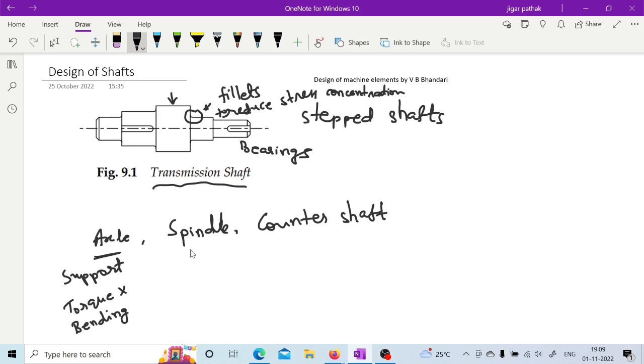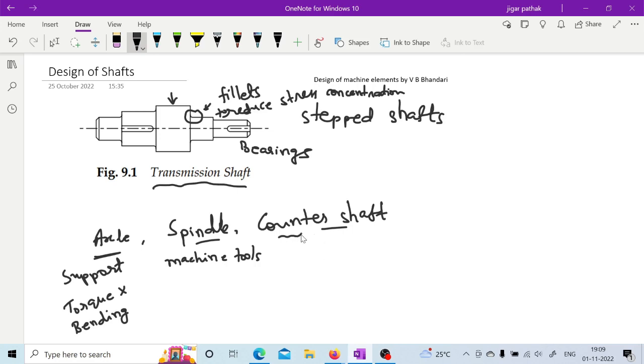Next is the spindle. A spindle is generally used in machine tools to provide motion to your workpiece. So in machine tools, that short rotating circular element is known as a spindle. And then the counter shaft. A counter shaft is used whenever you have a main shaft on which gears are mounted, and you provide motion from that shaft to another shaft.